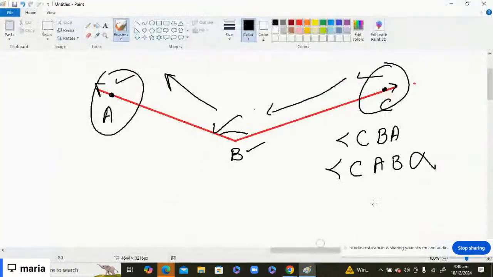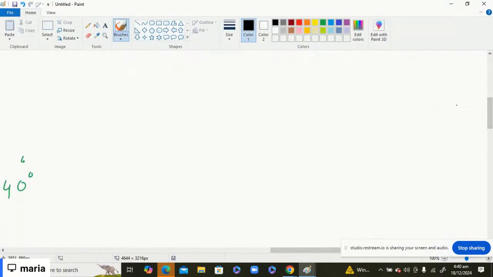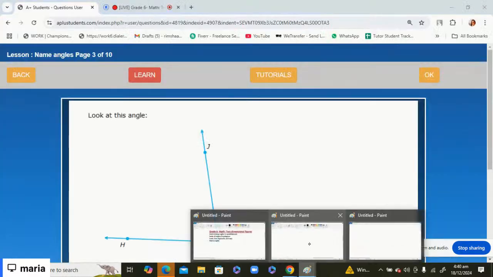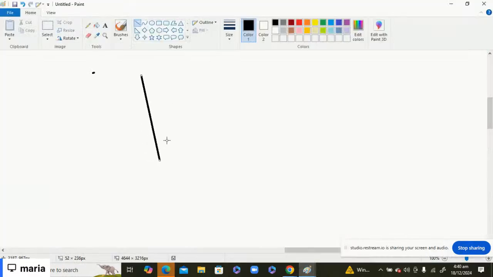Okay. If I'm going to draw it here, for example, the two angles, let's suppose drawing one angle. A, B, and C. Here the angle is given.